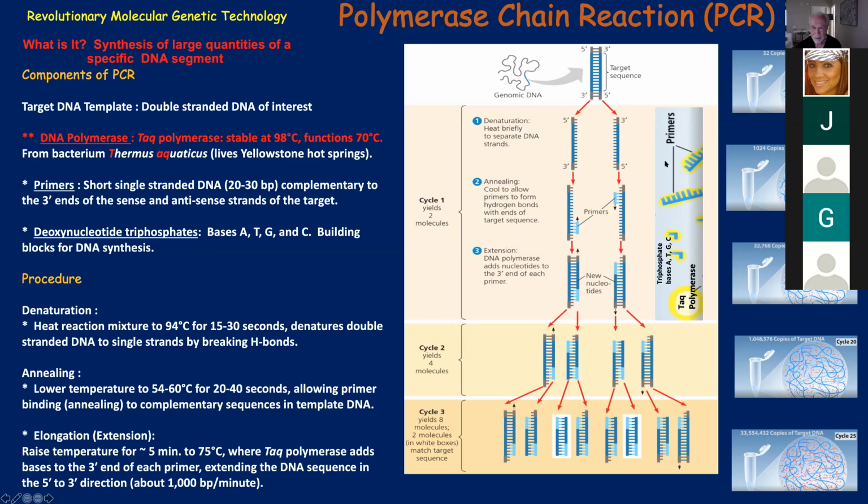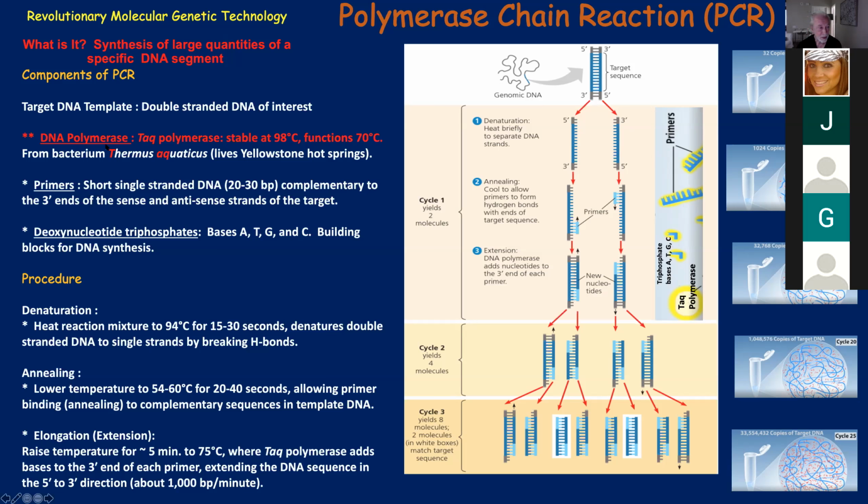Well, first of all, you heat your DNA sample, usually very hot, like 90 degrees centigrade, so that the strands of DNA separate. And then you cool it, and along with your target DNA, you have primers. You have to always have primers for DNA polymerase to work. You have DNA polymerase, and you have the bases to make DNA, A's and T's and G's and C's. So they're all in this mixture together.